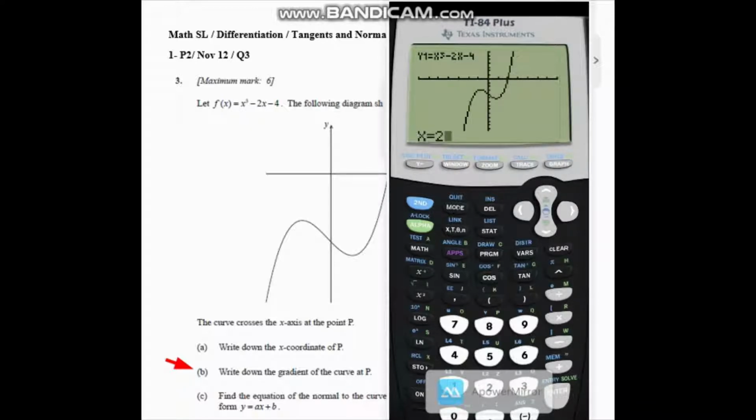I shall click on enter, and the calculator tells me that the gradient is 10.00001. This is just a machine error. It just means that the gradient is 10. Hence, the answer to B is 10.